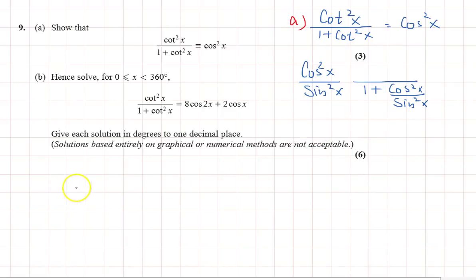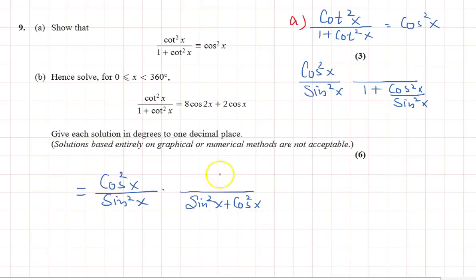So this will be equal to cos square x over sine square x, multiplied by sine square x over sine square x plus cos square x.